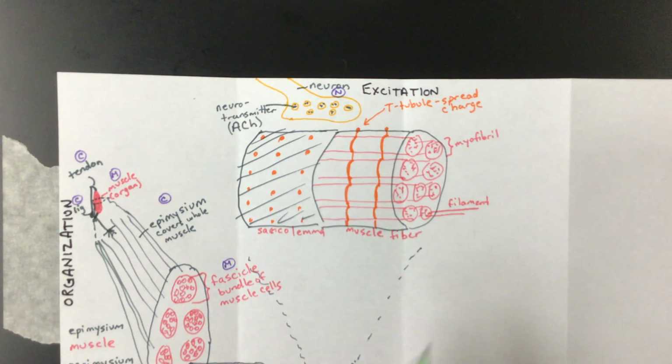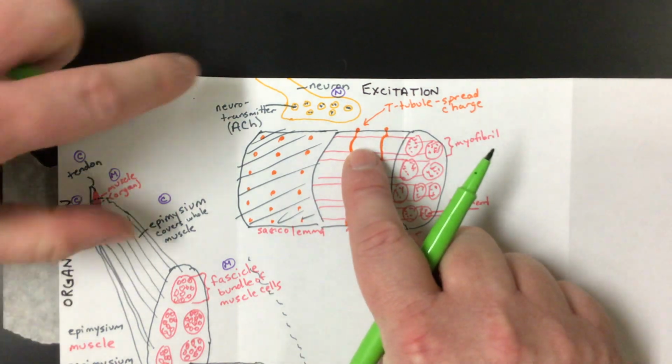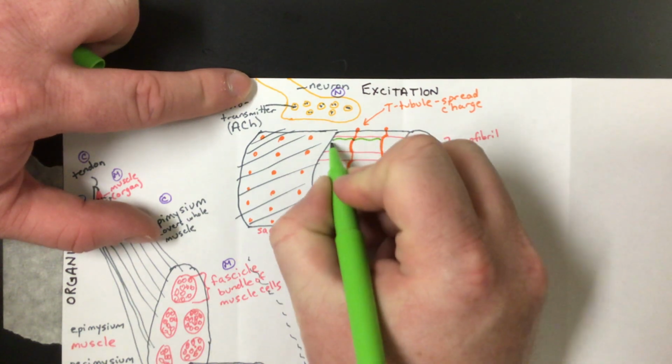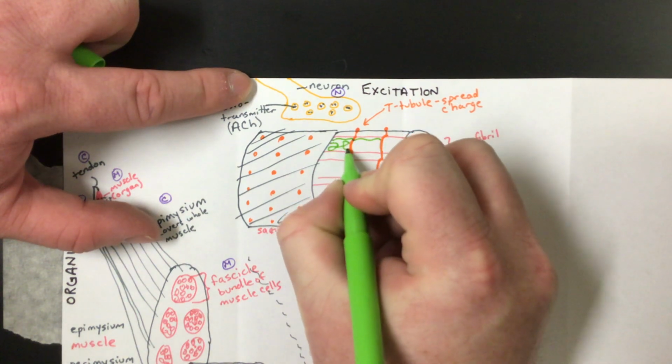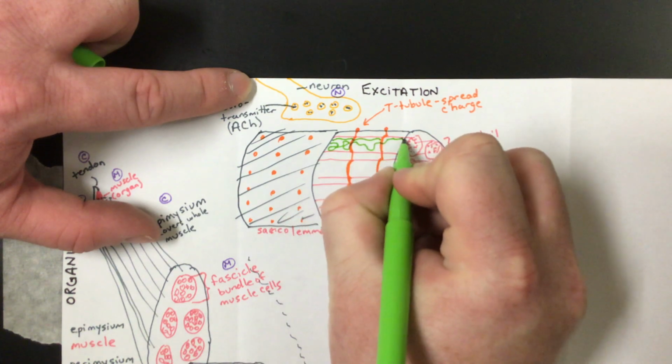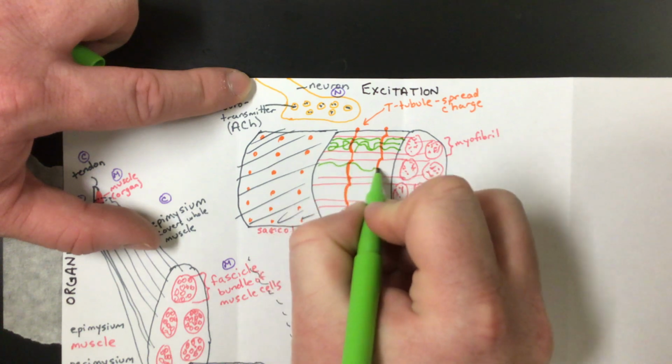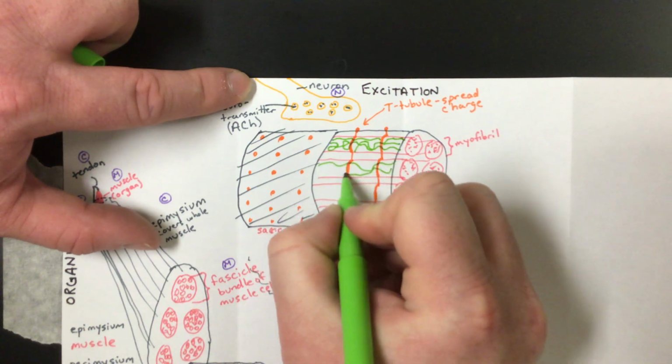And then the T-tubule will spread that charge to another structure on the muscle fiber, and that structure is like a network that's on each muscle fiber.